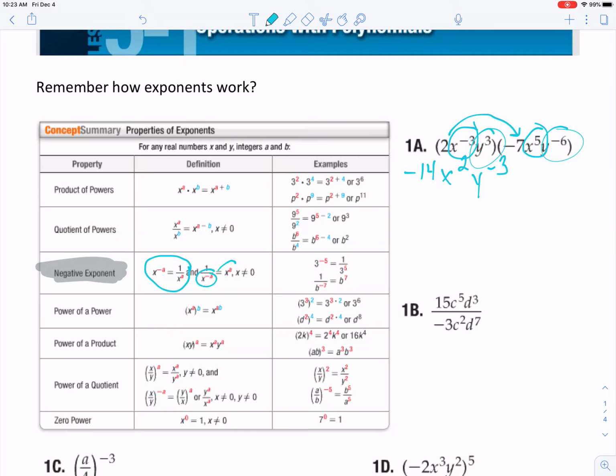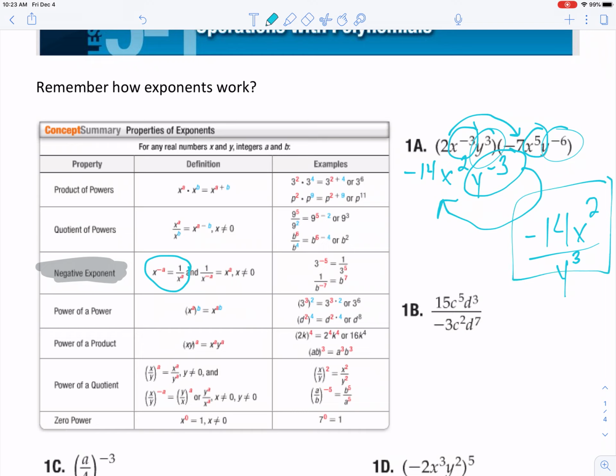If it's on the bottom, you can put it on top, and then it becomes positive, assuming x doesn't equal 0. Here's some nice actual numbers and variables to look at. So this y to the negative third, I'm going to move down to the bottom of a fraction with negative 14x squared on top. Why? Because I'm moving y to the negative third to the bottom, it becomes a positive y cubed.